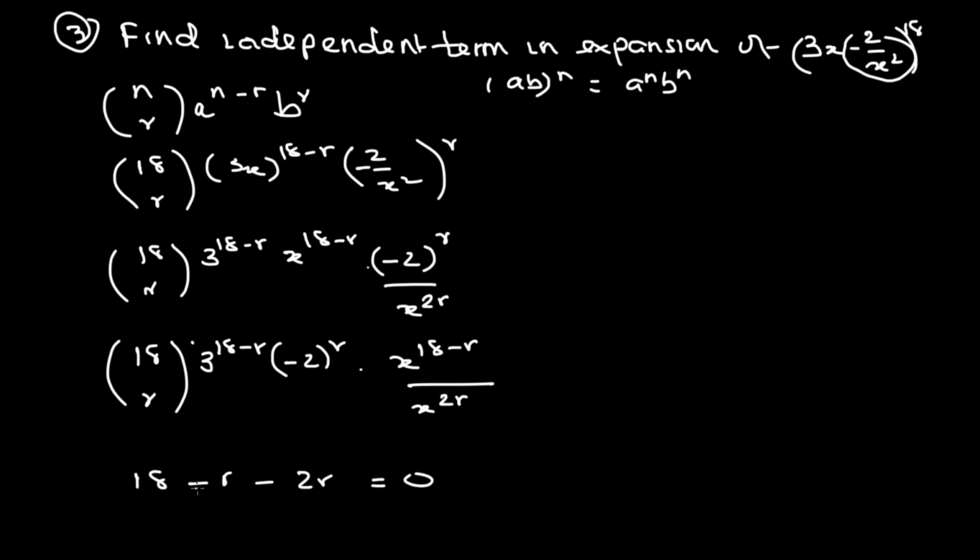What have we done here? We've subtracted the two powers here. Why have we subtracted? Because we say that if A and B are dividing, it's the same as, rather, if A and A like that, they've got the same base, then we can say that it's the same as M minus N, right?